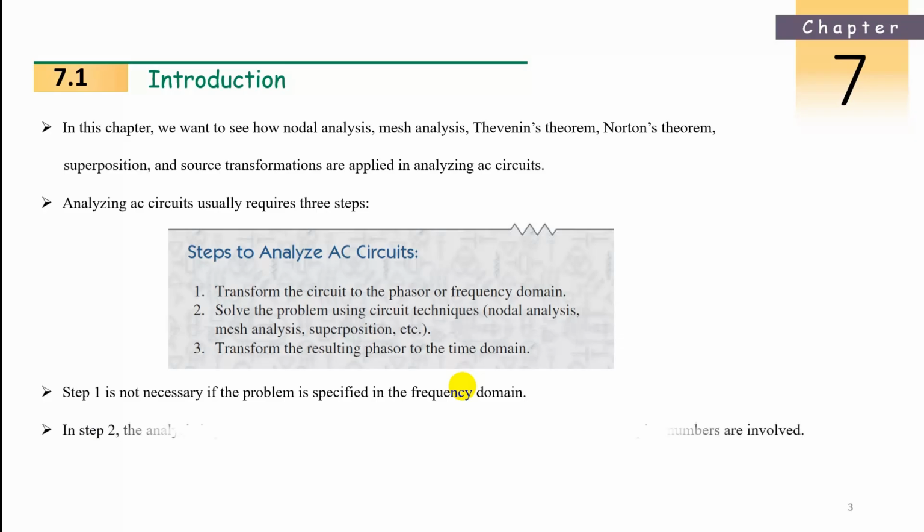So in step 2, that is analysis: node analysis, or supermesh or mesh analysis, or superposition theorem. In step 2, the analysis is performed in the same manner as DC circuit analysis, except that complex numbers are involved. In DC circuits, direct multiplication and division was there.